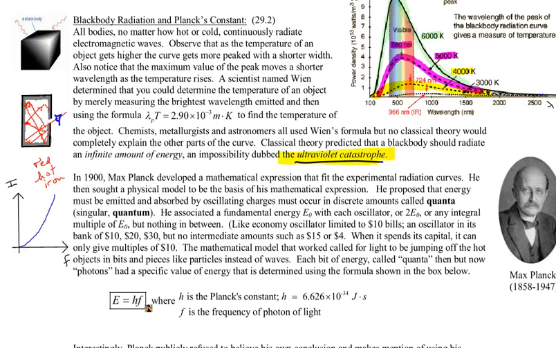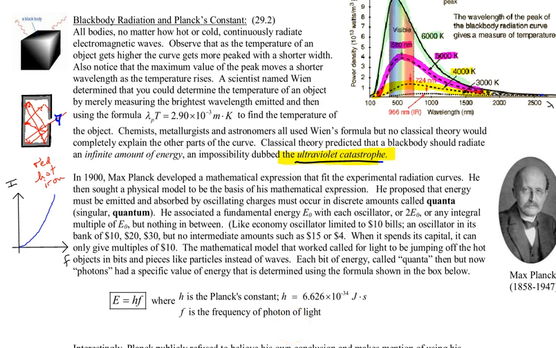He made the assumption that light comes in bundles of discrete amounts of energy, which is equal to h times f. h is Planck's constant, a very, very small number, as you can see here, measured in joule-seconds, and f is the frequency of the light in hertz.